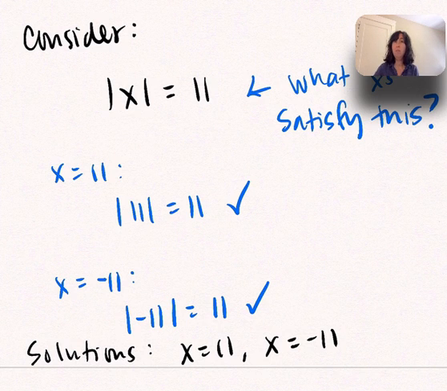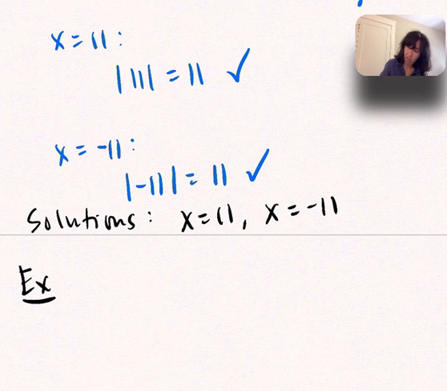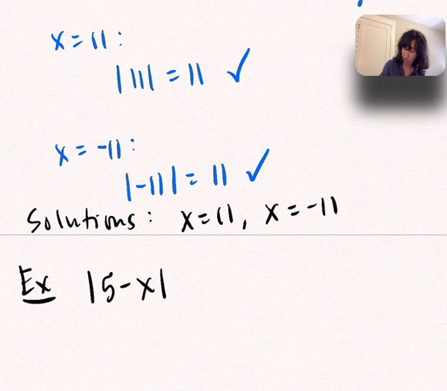Okay, this brings us to our first example that's similar to what you'll see on your homework set. So if I consider the equation, actually let's do 5 minus x inside absolute values equals 2. We're going to think about what are all the solutions to this.